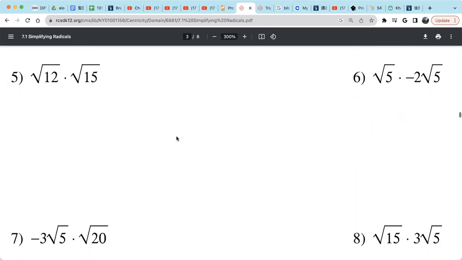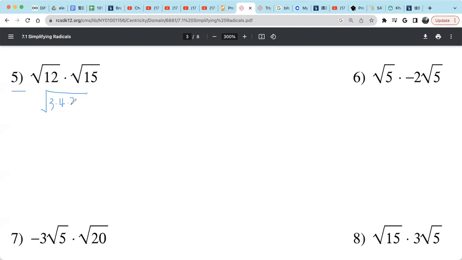Let's see number 5. First, I can put them under the same radical sign. I have 12 times 15. 12 is 3 times 4, because I'm looking for squares. I'm looking for 2 same radical numbers, where the square becomes a number.